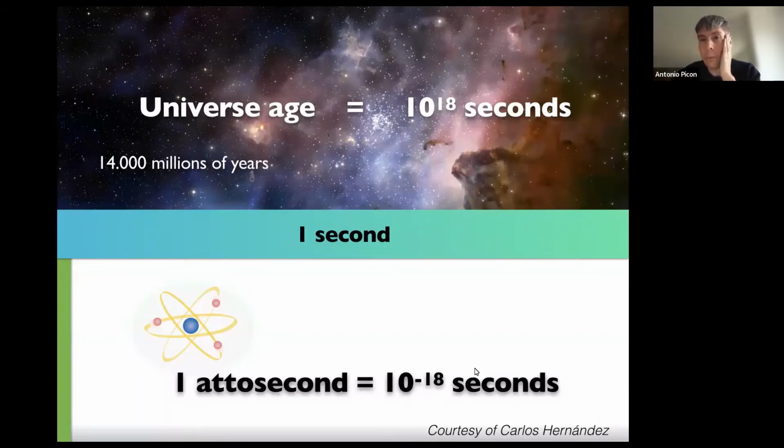You see that the order of magnitude is similar, it's just in the microscopic way. So what is really fascinating is that nowadays we have the technology to produce pulses that can be as short as several attoseconds.